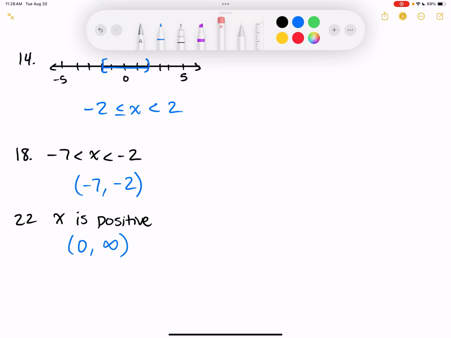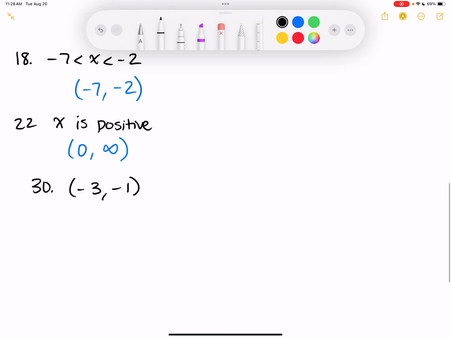They give us number 30, from -3 to -1. How do I write that as an inequality? -3 less than x, less than -1.